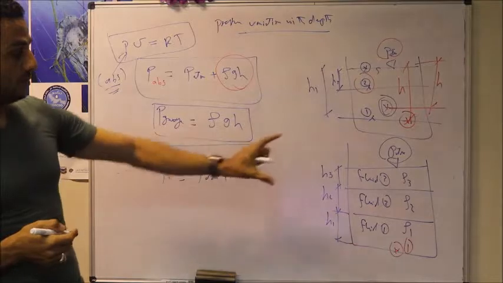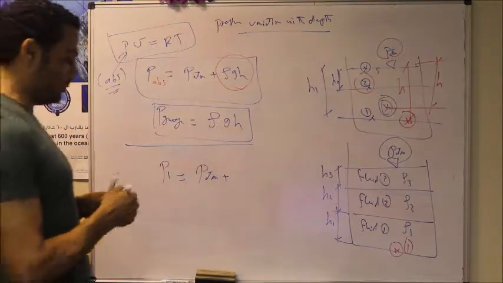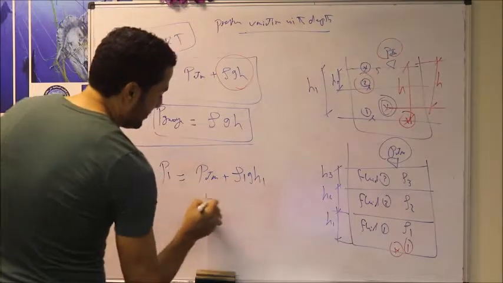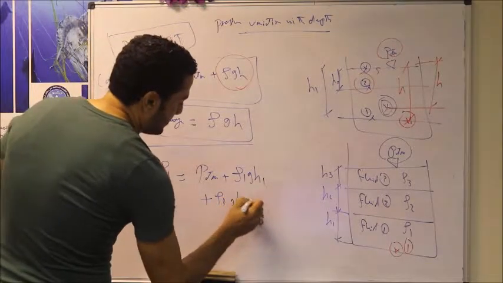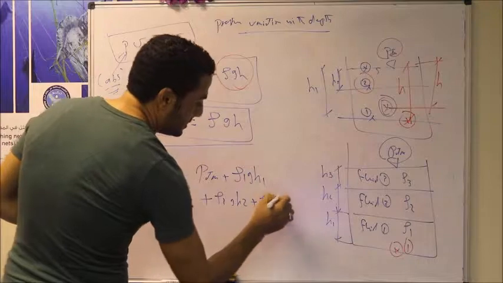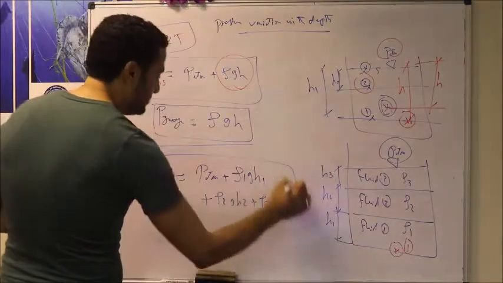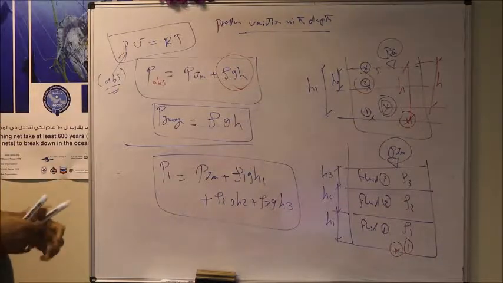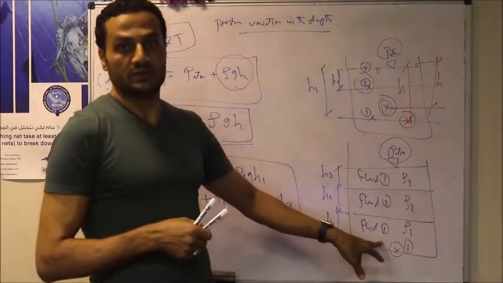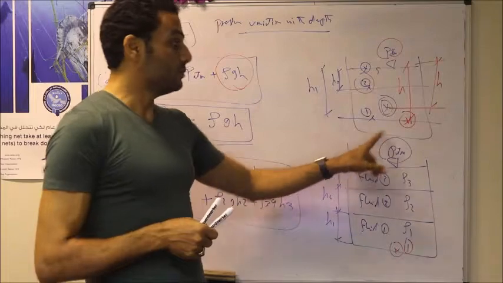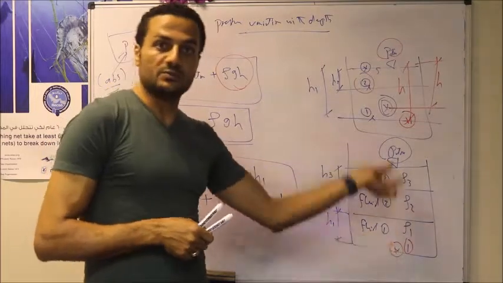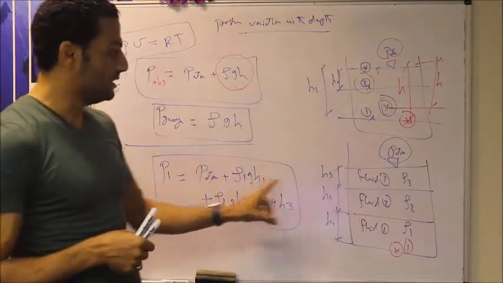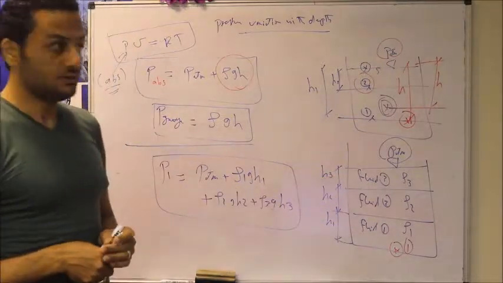So in this case, the weight of the column will equal rho 1 g multiplied by H1 plus rho 2 g multiplied by H2 plus rho 3 g multiplied by the height of the third fluid, which is H3. So at any submerged point in a static fluid, the pressure should equal the atmospheric pressure plus the weight of the column of the fluid. If we have different fluids, then we have to consider the weight of those different fluids with different heights.